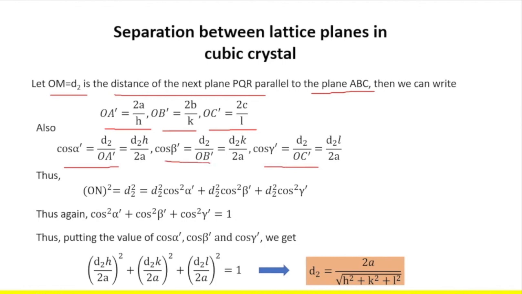From there again we get this condition, and when we put in the values of cos alpha dash, cos beta dash and cos gamma dash here, we get the value of d2.